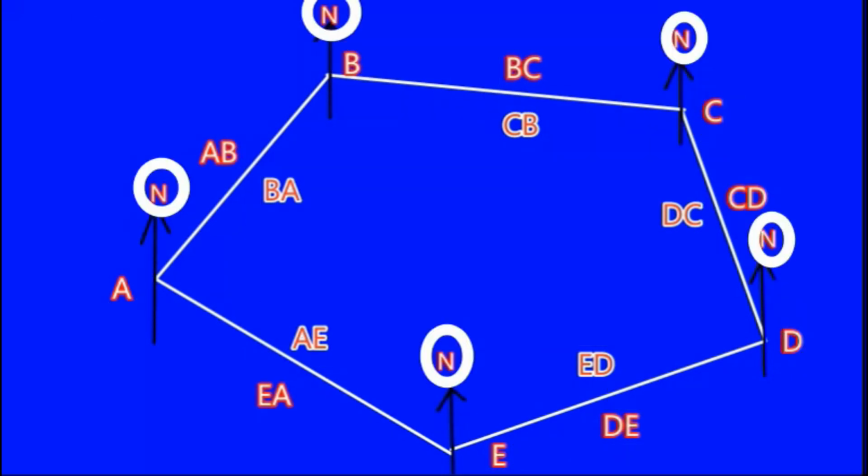We write it again AB, but the direction of the arrow is pointed in the opposite direction. So it means it's a back bearing. So this is a way of writing the fore bearing and the back bearing. So now I'll wipe this out and we'll come back to the practical process, right?